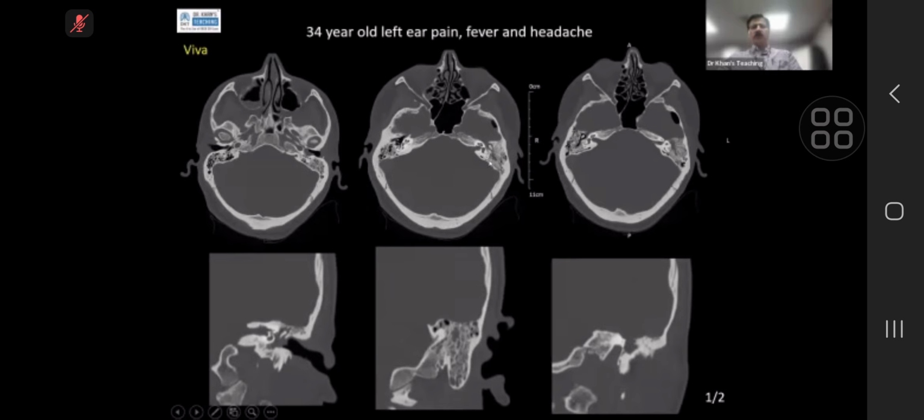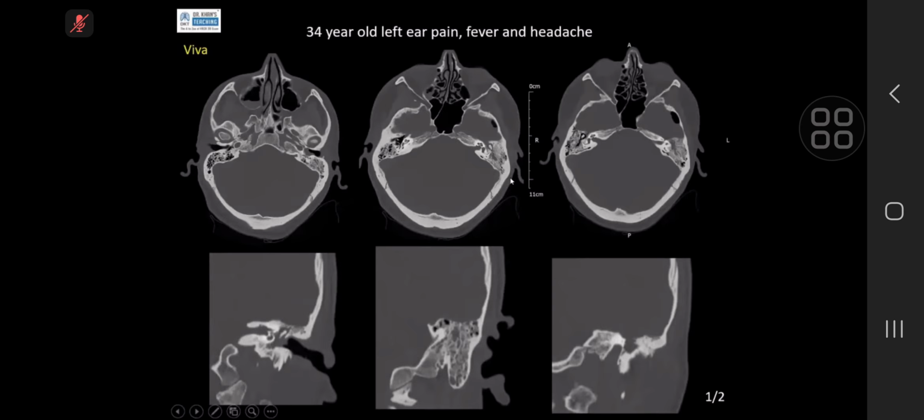This is what is happening. We can see opacification of the mastoid cells. We can see opacification of the middle ear. Concentrate on this one and on this one: what is the main finding? Over to you, and what is your conclusion?